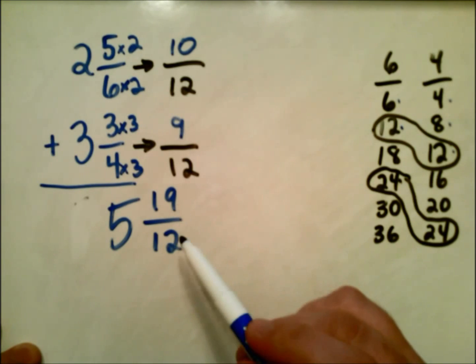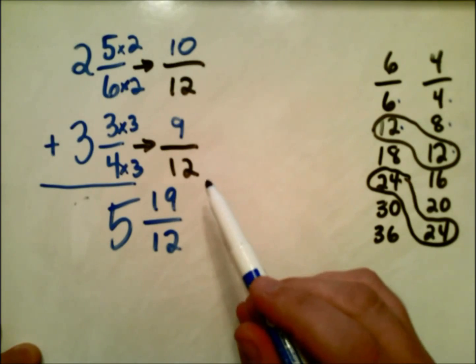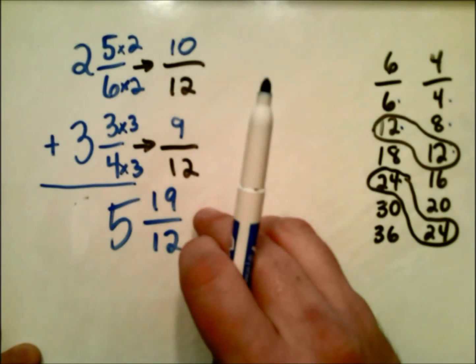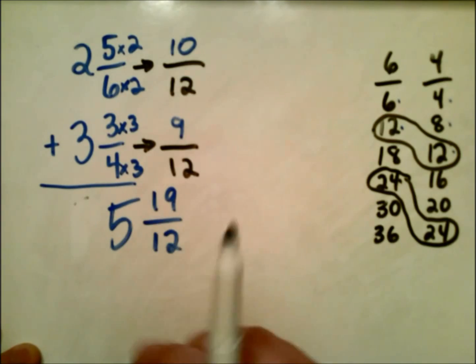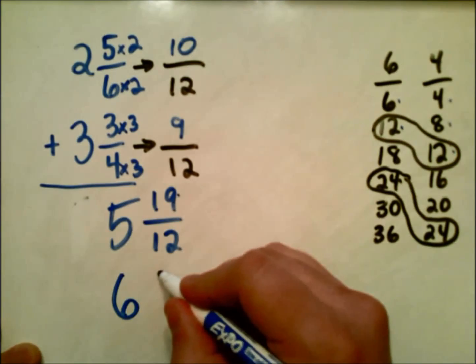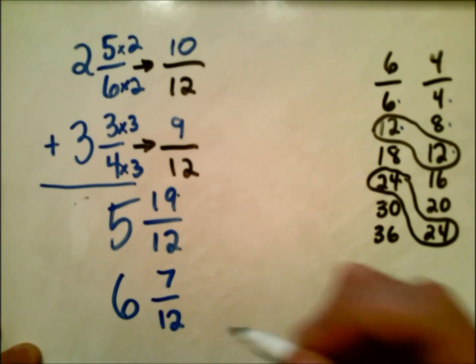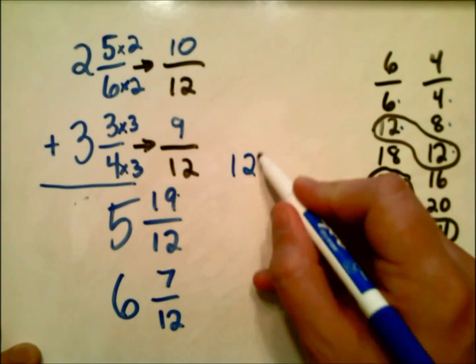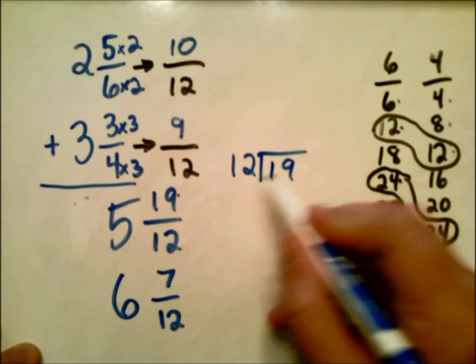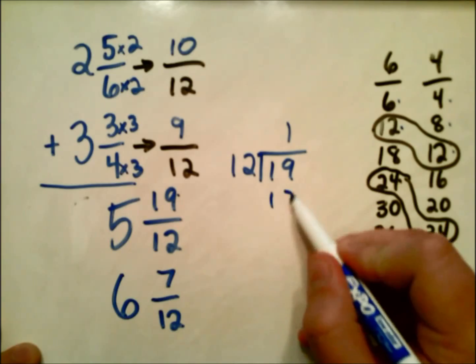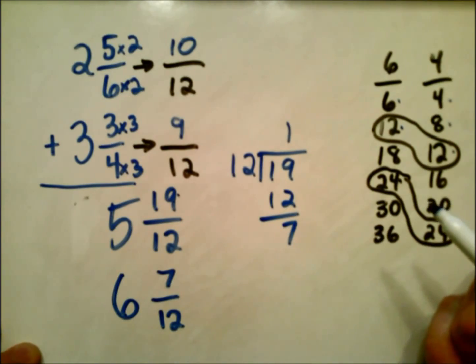I know I can take 12 twelfths out of the 19 twelfths, and it would be a whole. So I could move that over to here. Now I need to take 12 away from 19, and I'm left with 7 twelfths. The other way we could do that is divide 19 by 12, and we would get 1 and 7 twelfths.